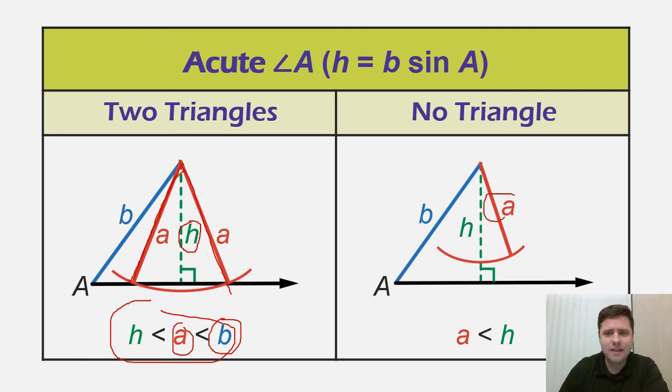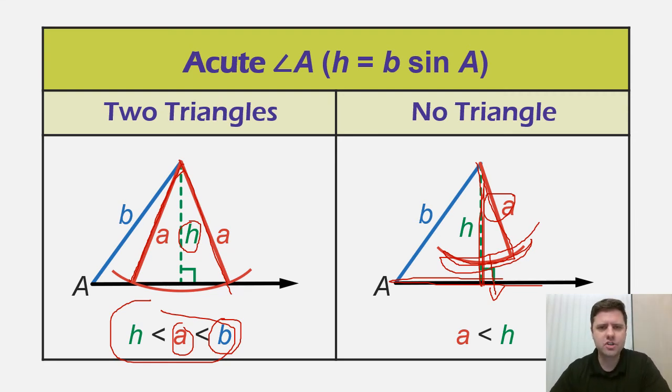But if A is less than the height of the triangle, then it doesn't make a triangle at all. Note that no matter where I swing this leg, it never can get all the way down to this leg. Therefore, it never actually makes a triangle. Now, I just encourage you to go over this chart on 271 and look at it for a while and make sure that it makes sense to you before you move on to the next part of this.